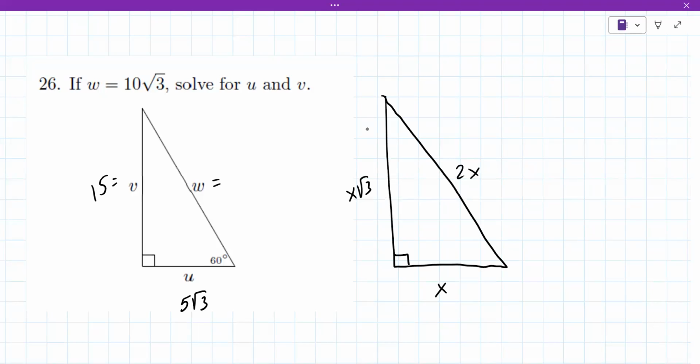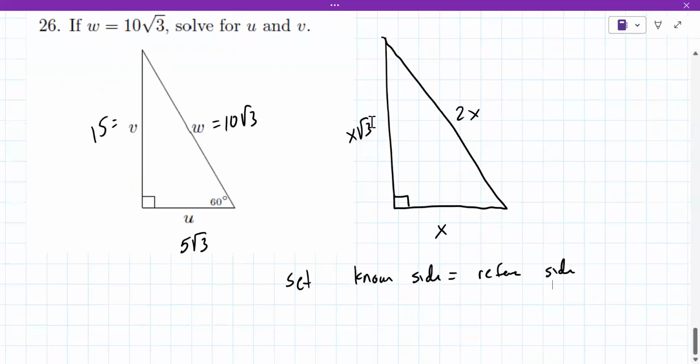And since you're given this side, you're setting the known side equal to the reference side. What I mean by that is you're setting 10 root 3 equal to 2x. And from there, you can solve for x, the short leg, and get the other things. Okay. Good job on that.